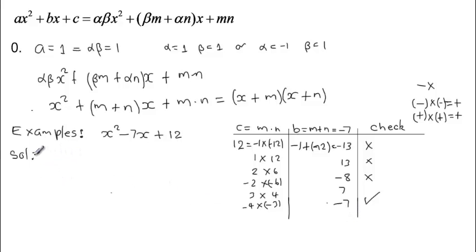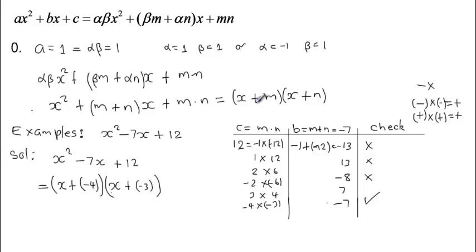So now writing a solution to this exercise in terms of its factors, we'll say x squared minus 7x plus 12 will be equal to brackets x plus minus 4 multiplied by x plus minus 3. You can see I'm doing it the long way so that you can understand.